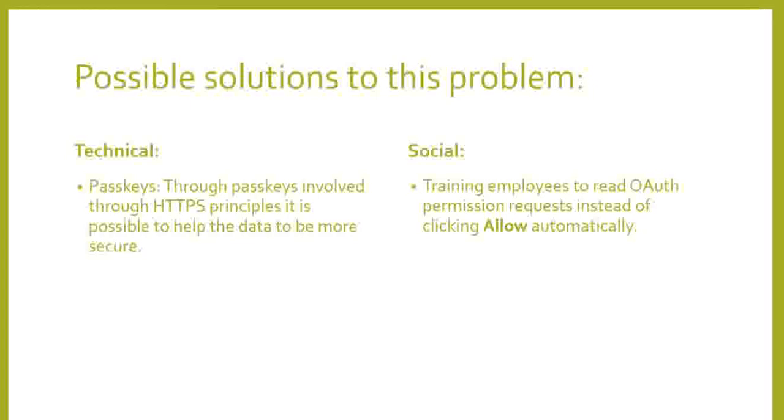And another thing that I offer as a solution is a social solution. I've been talking about social engineering. I think that training employees to actually know what an OAuth permission request is can help the company lessen the loss that these AI websites can bring to them.